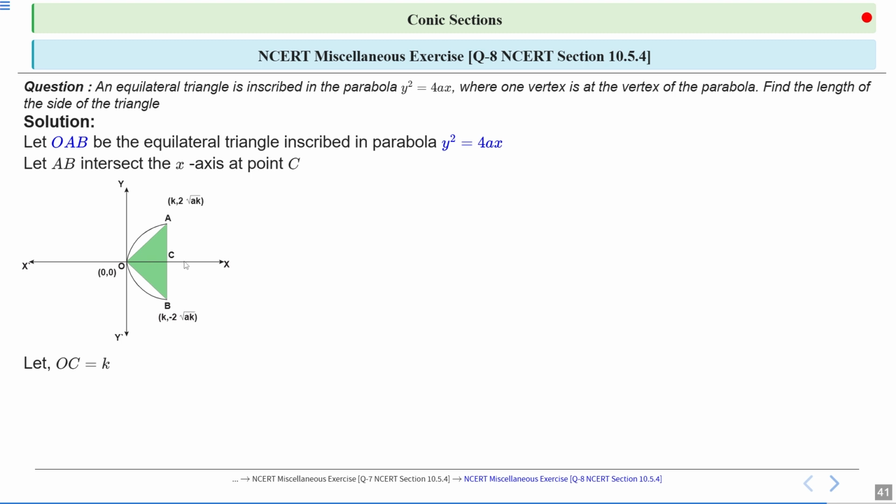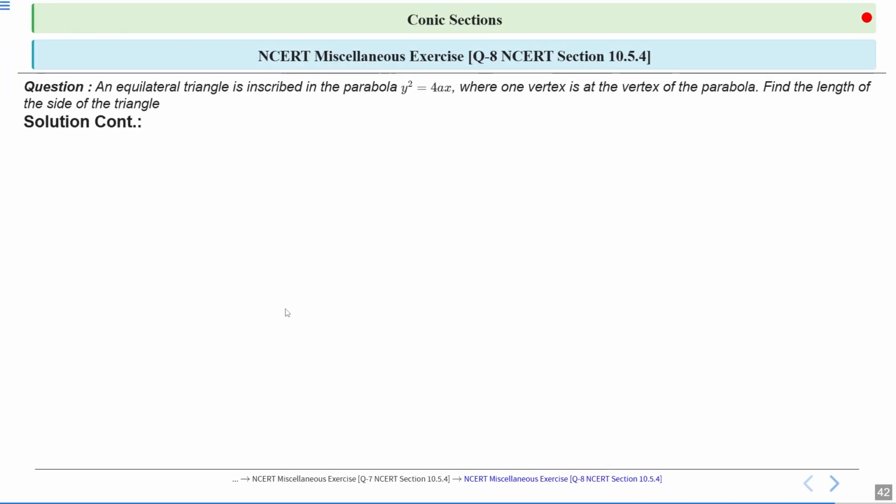Okay, so OC, this distance is k. So we basically assume that OC is equal to k units.